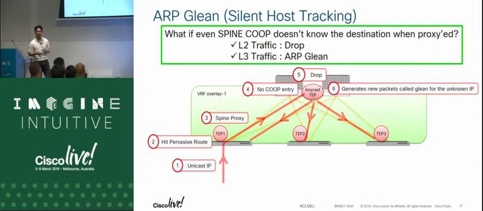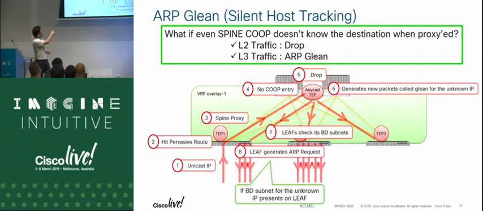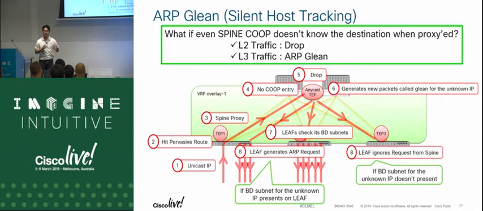Then if they have it, each leaf will generate an ARP request from their own bridge domain SVI and then send it down to that bridge domain in their leaf. But for the leaves that don't have a mapping subnet, they don't do anything because there's no need to. So that's how we detect the silent host, by creating the ARP request from the leaf itself. Okay?